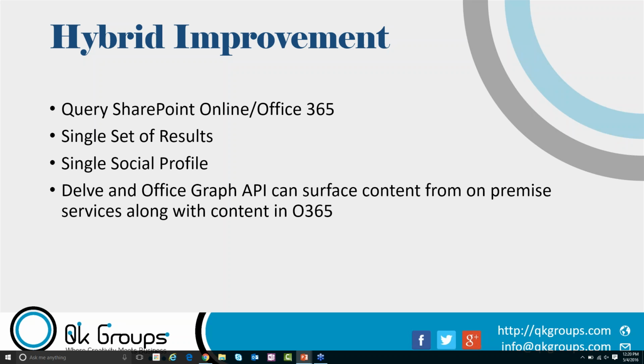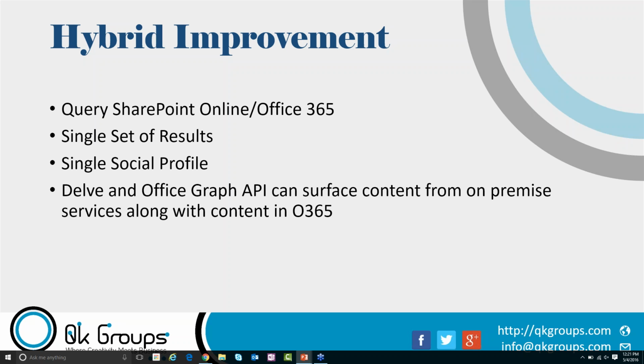So when we're talking about this, we're also talking about the hybrid sites solution. You can follow different sites online and on-premise, and with a single social profile, you get content between two different platforms in one environment.